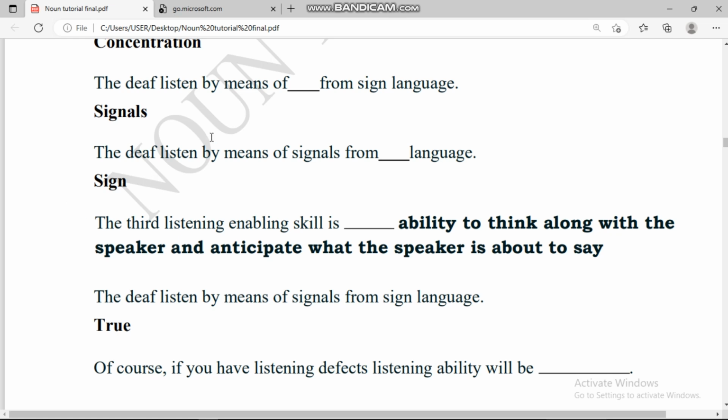So the deaf listen by means of signals from sign language. The third listening enabling skill is dash ability to think along with the speaker and anticipate what the speaker is about to say. That's the answer. The deaf listen by means of signals from sign language. True or false? The answer is true.